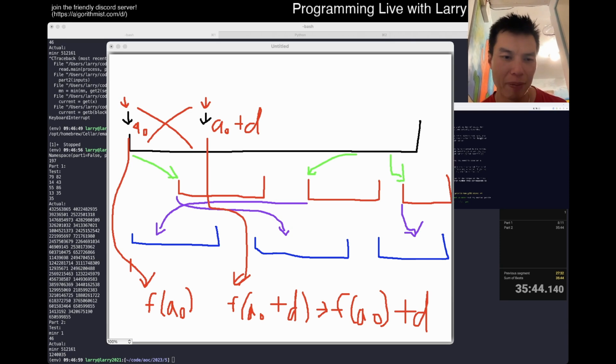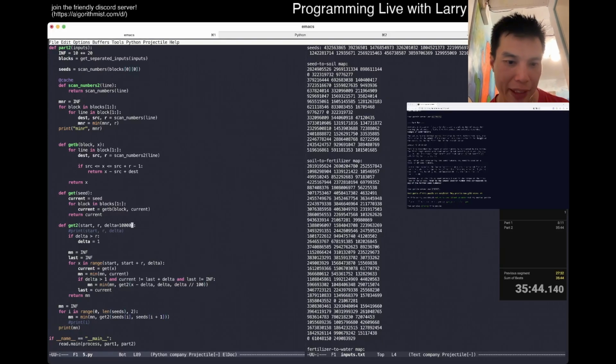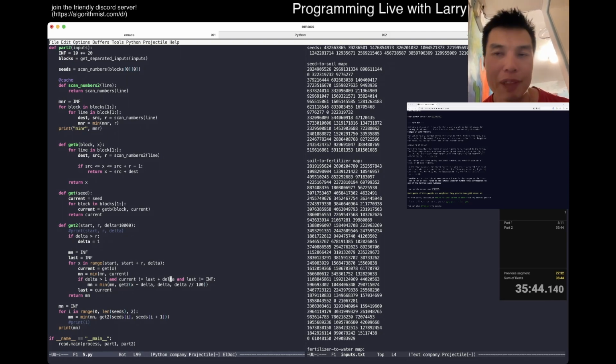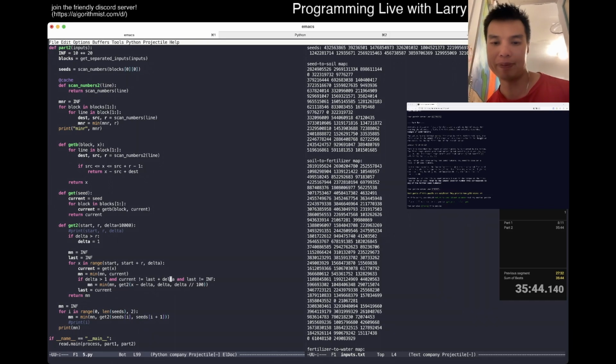But this is basically my core idea to kind of remove a good chunk of that range. And let's go back to the code real quick. Basically here is that I go, okay, if this is interesting, that means that there is a critical point in there somewhere in which the numbers change.